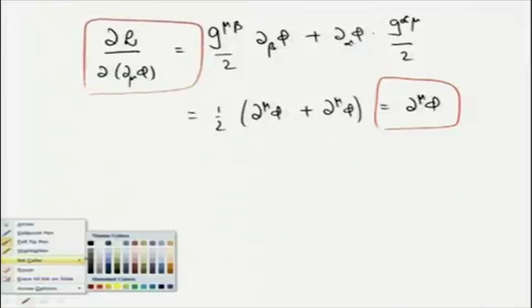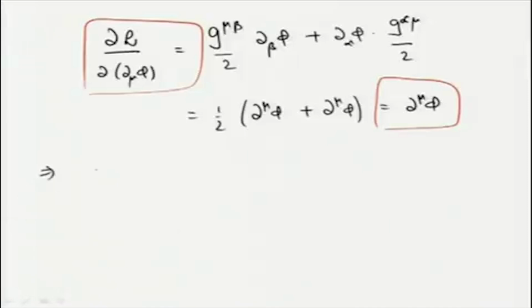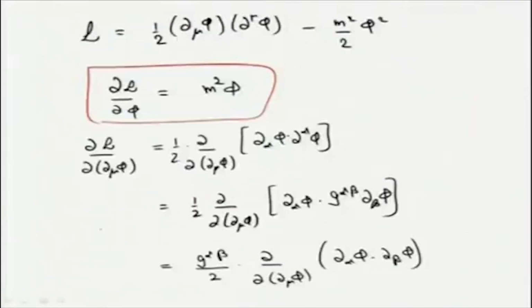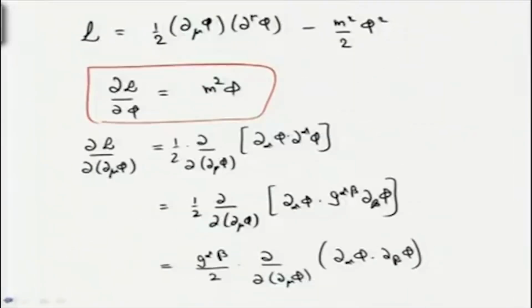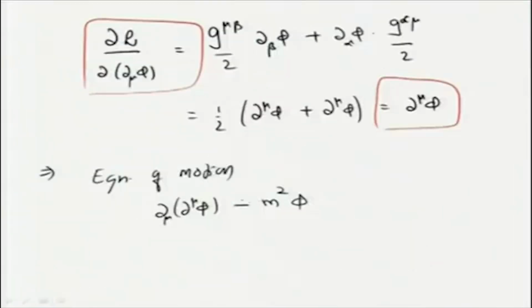So, that will give you the equation of motion as derivative of dou mu phi minus m square phi. Sorry, actually there is a minus sign here already. So, it should be plus m square phi. This is equal to 0.